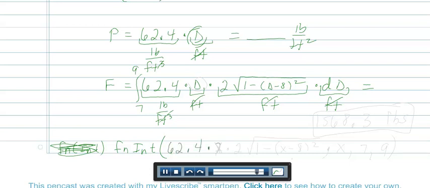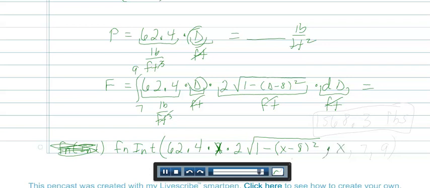On my calculator, I just pushed the x button rather than searching for the d button. Doesn't matter what variable you use. So 62.4 times x times 2 times the square root of 1 minus the quantity x minus 8 squared. That's it. Comma with respect to x, comma from 7, comma to 9.